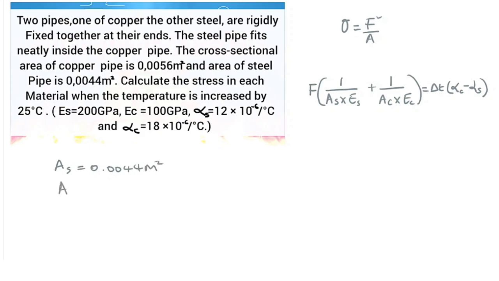Then we have the area for the copper, 0.0056 meters squared. Then we have the change in temperature, it is 25 degrees Celsius. Then we have the Young modulus for steel, the Young modulus for copper, and also the coefficients here.